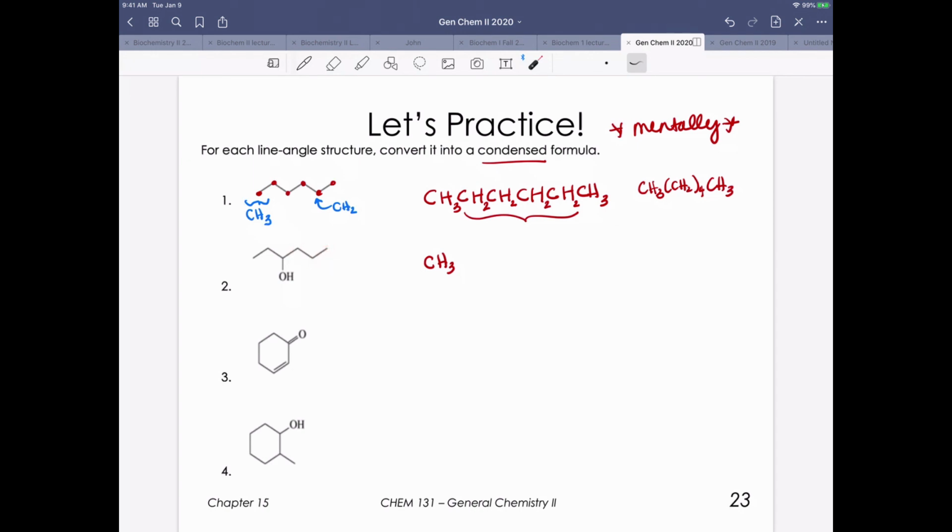Okay, I'm going to say it again as we write it out here. CH3 at the end, then CH2. Then I've got a carbon that's bonded to a hydrogen, and then the dangle that belongs to it is an OH. And then I've got another CH2, CH2, CH3.